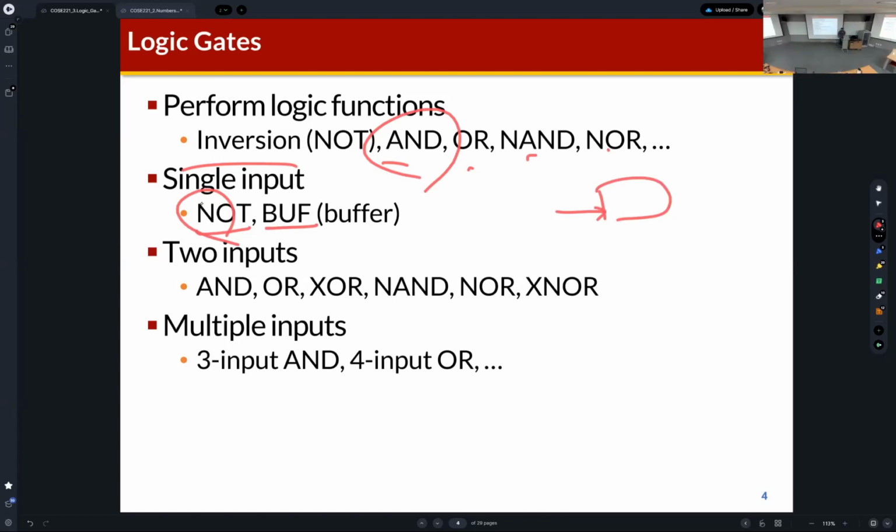Logic gates like AND, OR, and exclusive OR receive two inputs. You can also imagine some logic gates that receive multiple inputs, like 3 inputs or 4 inputs.